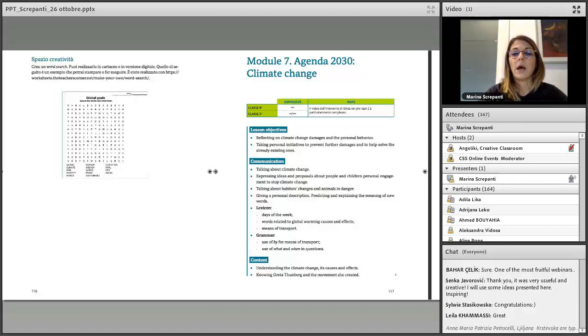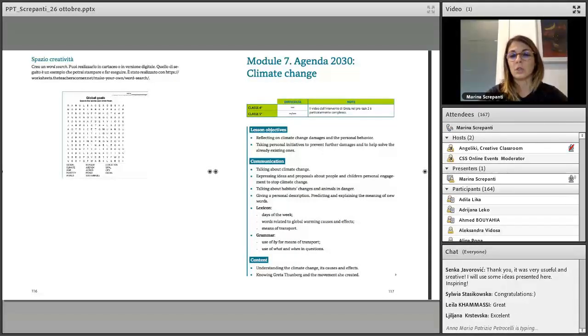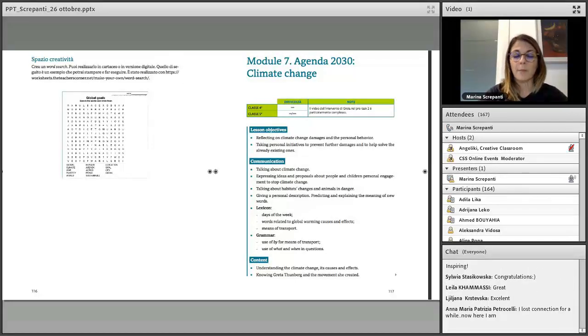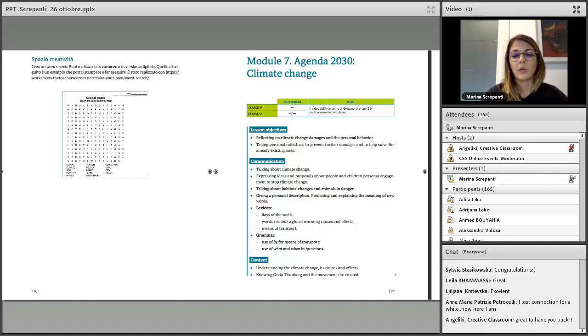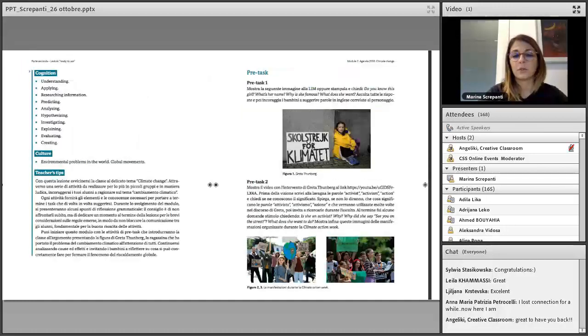Then I already considered all the communication objectives and all the lexicon and the grammar that I can predict, obviously. And then the content. My content in this lesson is understanding the climate change, the causes and the effects, and knowing Greta Thunberg and the movement she created.